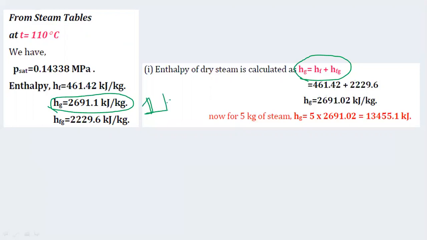We need it for 5 kg of steam. So if you multiply the answer by 5, we get the enthalpy for the net 5 kg of steam, that is 13,455.1. Remember, the units will now be only kilojoules because it is for 5 kg of steam. This is the first case.